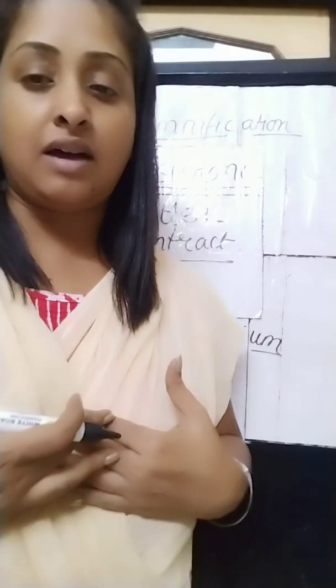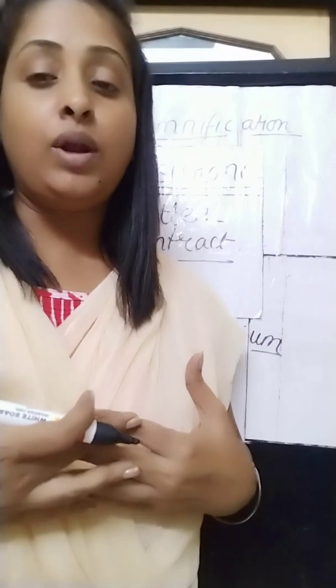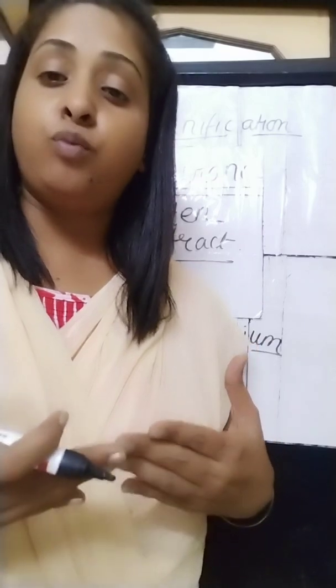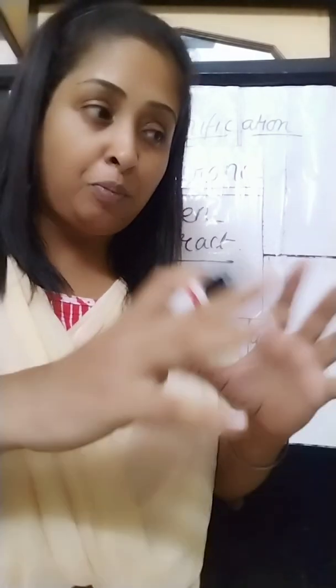Suppose I am the sufferer of any loss. So, the insurance company will pay me the amount in return for the payment that I have made to the company on a regular basis, or the payment made by a group of people on a regular basis called premium.